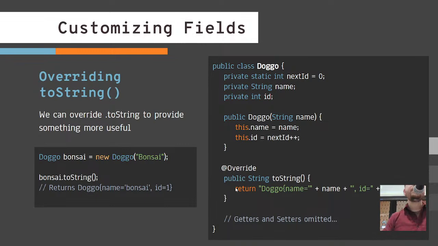And here we can have it do anything we want. We could have it do something totally nonsensical, or something a little more reasonable, like this return statement right here, which basically takes the name and the ID fields and prints them out. So now if we say bonsai.toString, it's not going to give its random location in memory. It's going to say it's the type Doggo, its name is bonsai, and its ID is 1. That's pretty useful.